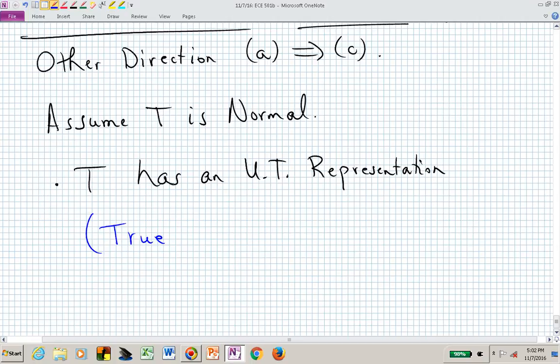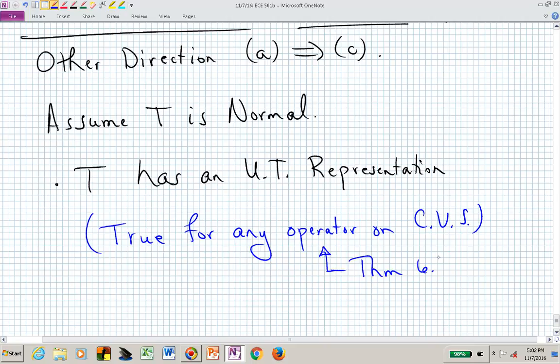We can have an upper triangular representation of an operator T on a complex vector space. That's theorem 38 in chapter 6.